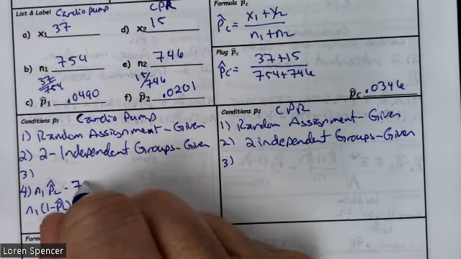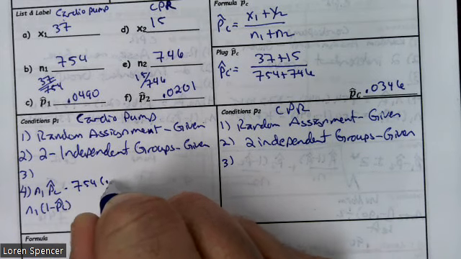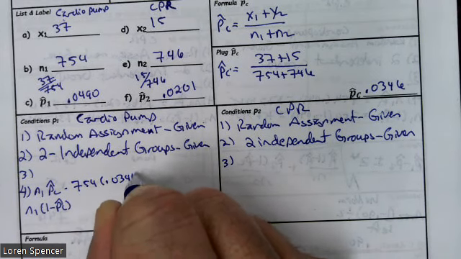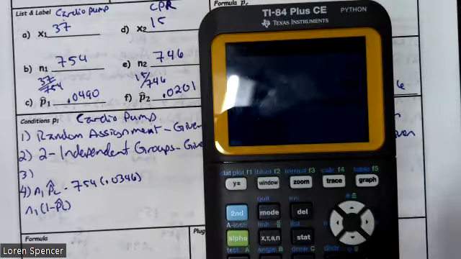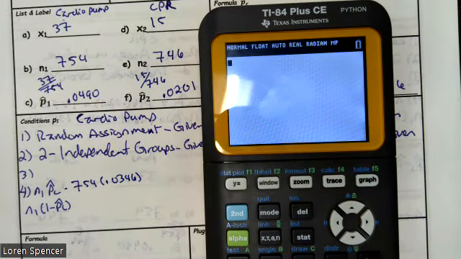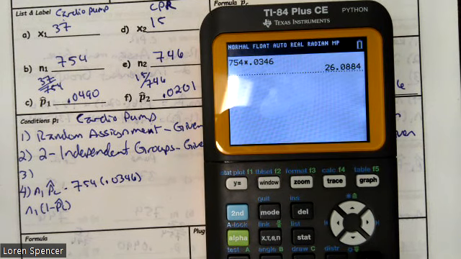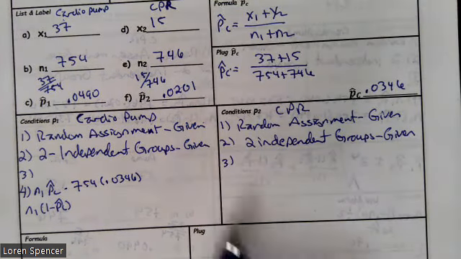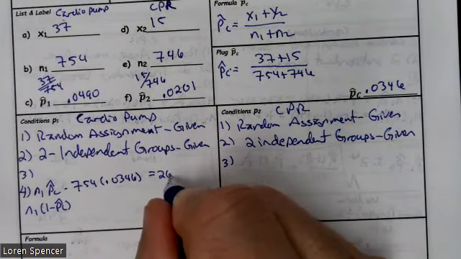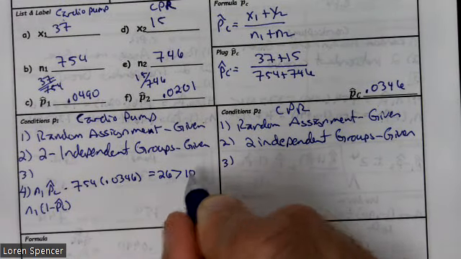So 754 times 0.0346 is 26, and that's greater than 10.